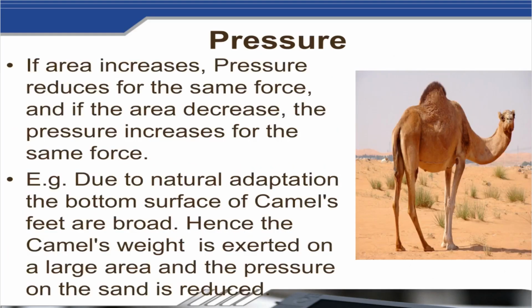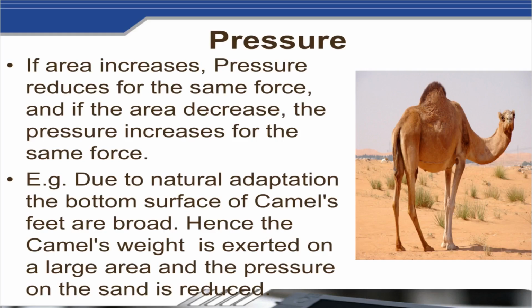Now we see some more examples of how pressure works in our daily life. If the area increases, pressure reduces for the same force, as we already know. And if the area decreases, pressure increases for the same force. For example, due to natural adaptation, the bottom surface of a camel's feet is broad.